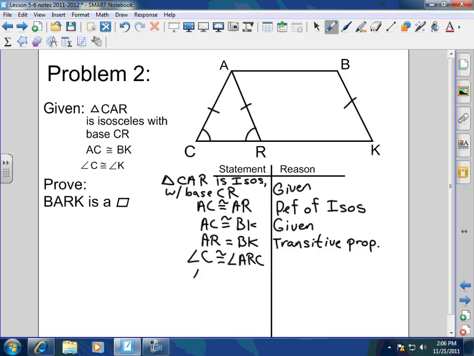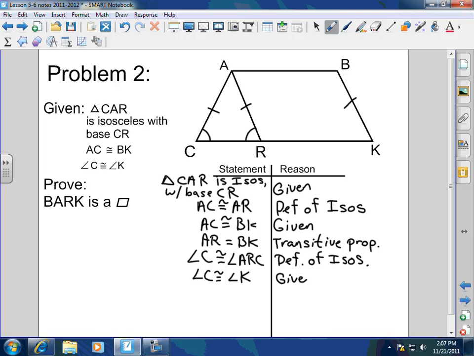Angle C is congruent to angle K. So yeah, hold on. This is definition of isosceles. And this guy here is given.